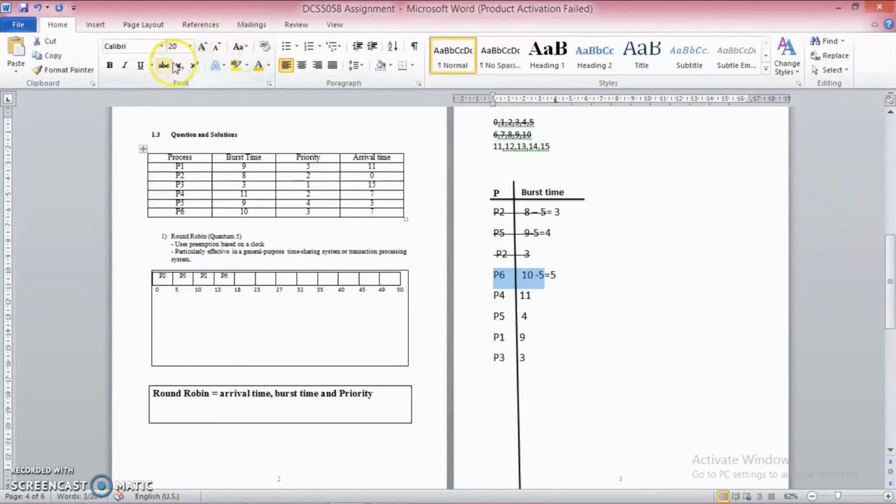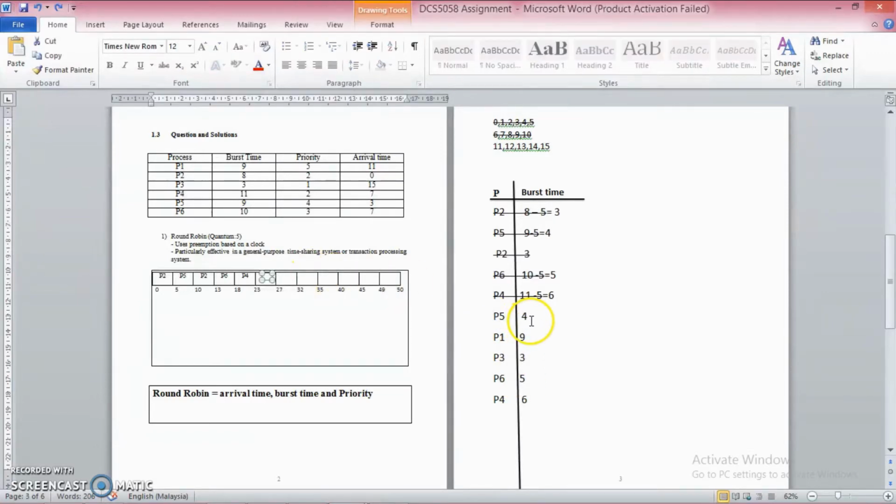So cut it and queue back it here, P6, which is equal to 5, and then 11, P4, delete it, P4 minus with 5 again, which is, you will get 6, and then cut it, this one, P4, queue back it here, P4, and the balance is 6, and then 5, P5.